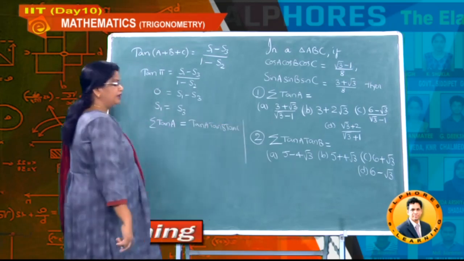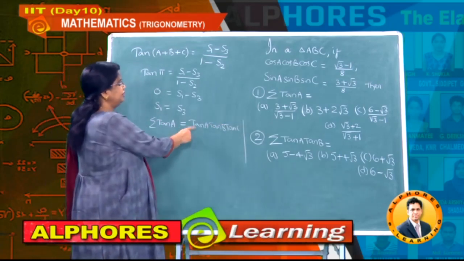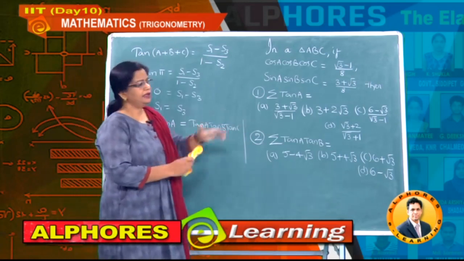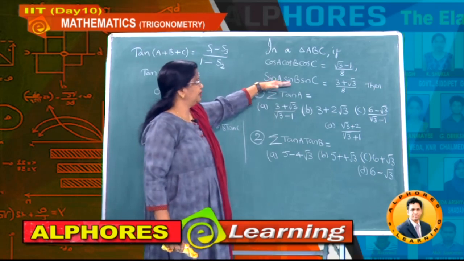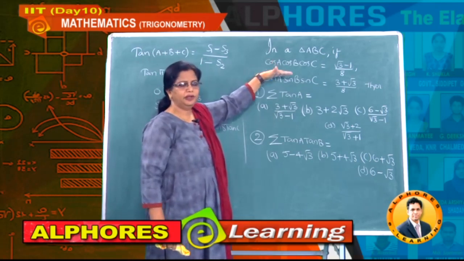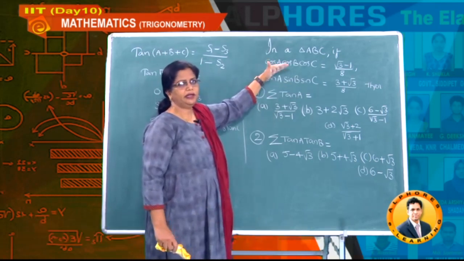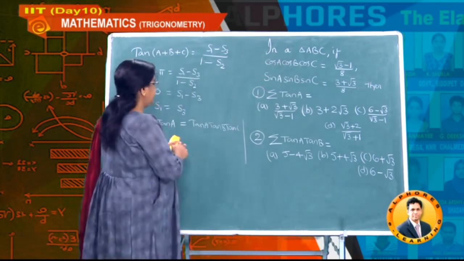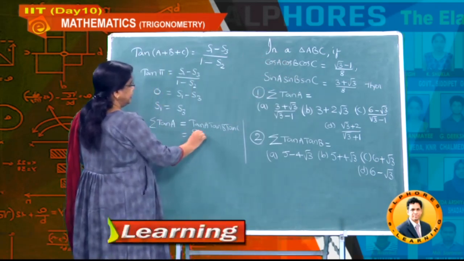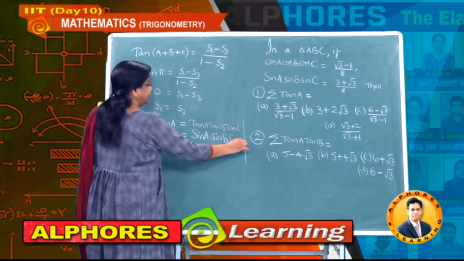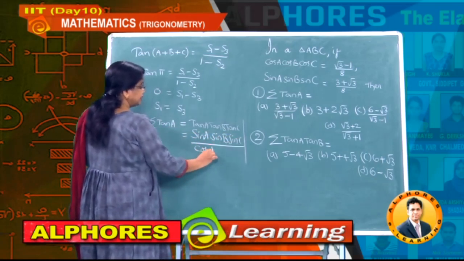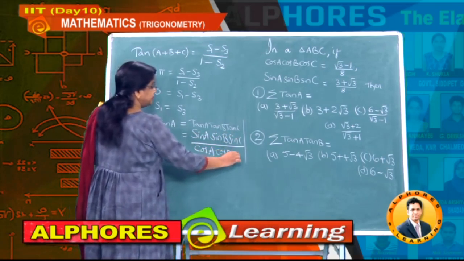Got it students? Now you got the S3 value, and this is the data you got. Observe clearly: this entire product divided by this value is nothing but tan A tan B tan C. Hence this is equal to sin A sin B sin C whole divided by cos A cos B cos C. Got it students?